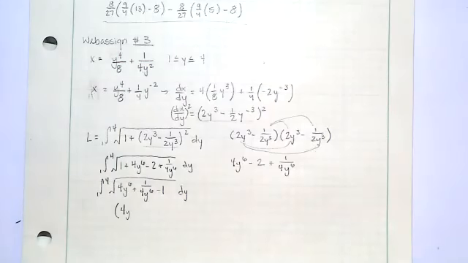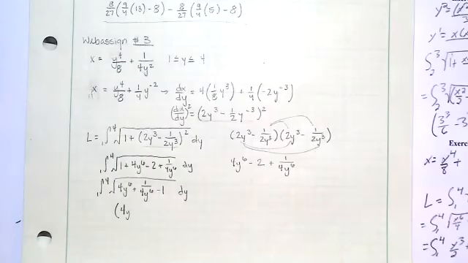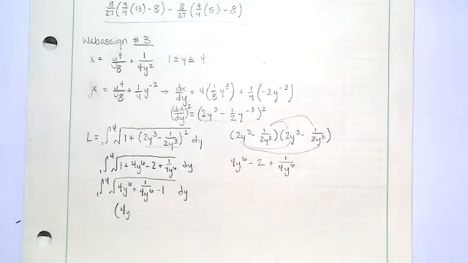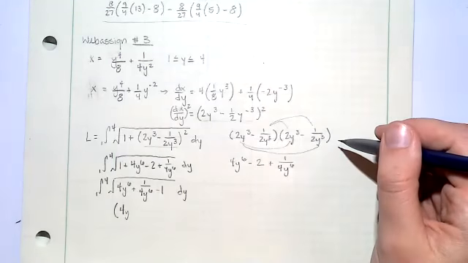So did I mess up? But wait, they also have a 1/2. Oh no, they don't. Wait, no, they do have a 1/2. They do keep it in the minus 3 though.